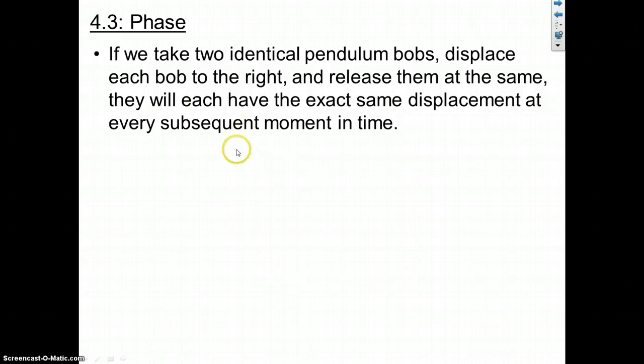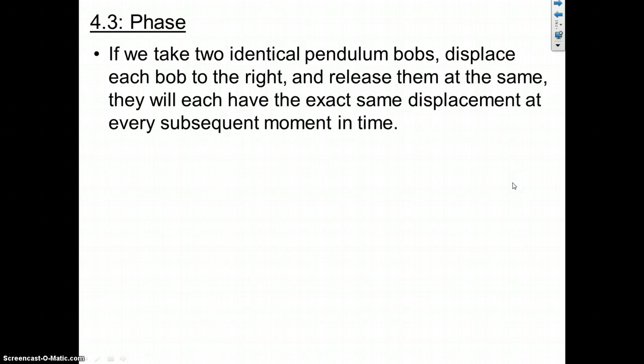Okay, imagine we take two identical pendulums and we take the two bobs, we displace each bob some amount to the right, and then we release the two bobs from that same displacement at the same time. So at every subsequent moment in time, they will each have the exact same displacement.